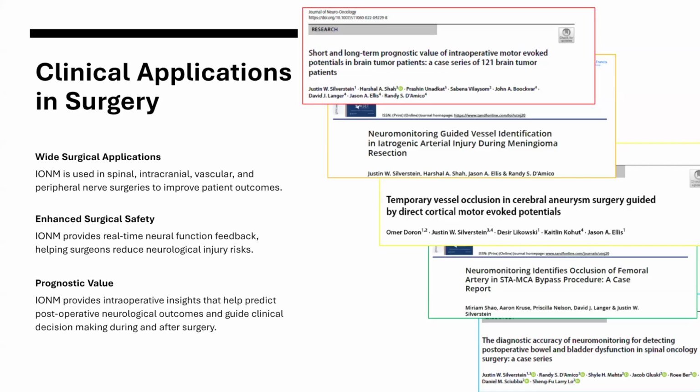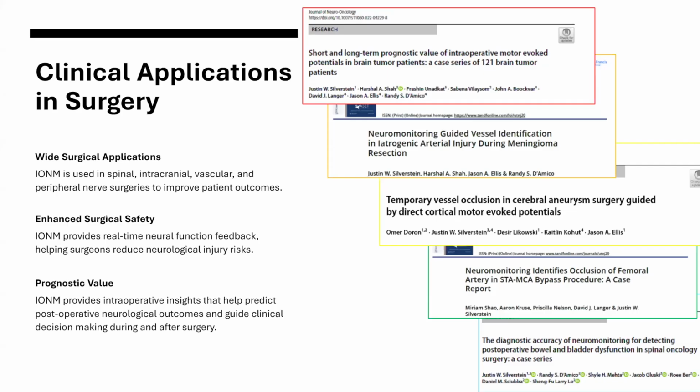And the prognostic value of this is that basically the way the monitoring ends at the cessation of the procedure, we can predict how that patient's going to wake up. Now, there are false positives and false negatives that can occur, and I'll get into some of that.